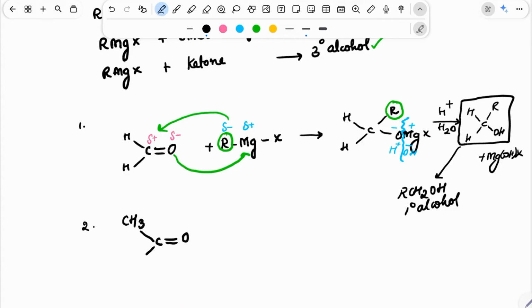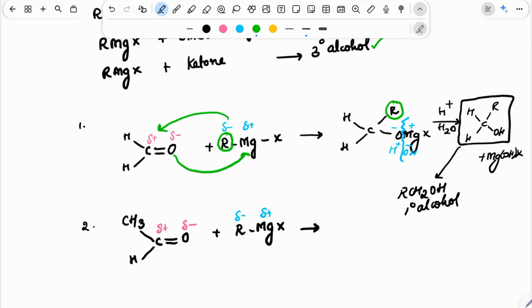Second one. Other than formaldehyde, if I am using acetaldehyde, propionaldehyde, anything, what will I get? I am taking acetaldehyde. In the same way, RMgX first forms an adduct. Adduct is nothing but the addition product.